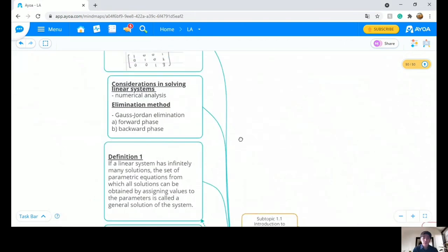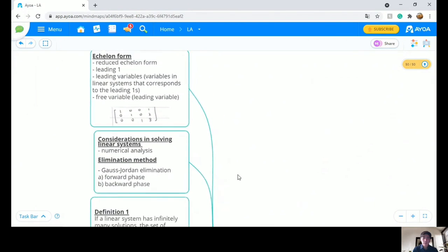First of all, we must understand what is echelon form. Echelon form, or better known as reduced echelon form, is better visualized if a row does not consist entirely of zeros. Then the first number, which is a non-zero number, would be a 1, as you can see here. And if there are any rows that consist entirely of zeros, then they are grouped together at the bottom of the matrix.